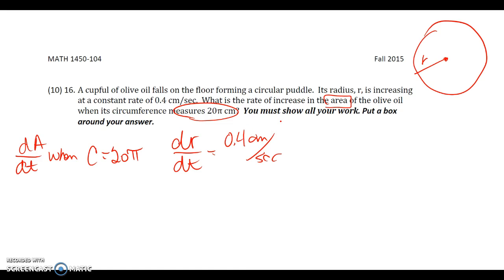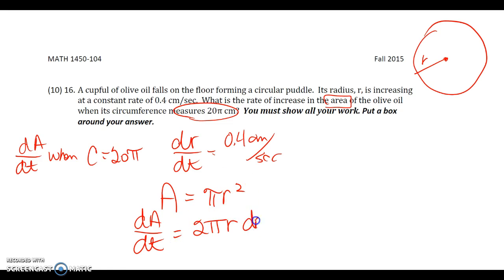So let's see, we're going to take the equation for the area of that circle, pi r squared. Let's take the derivative with respect to time. dA/dt equals 2 pi r dr/dt.